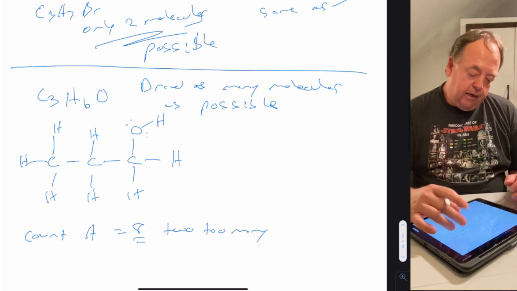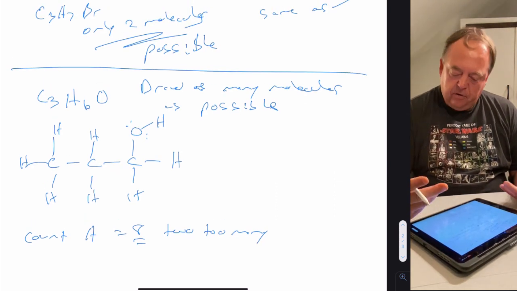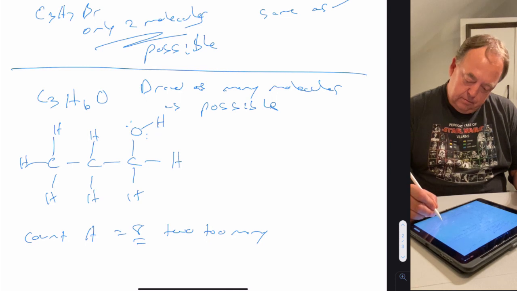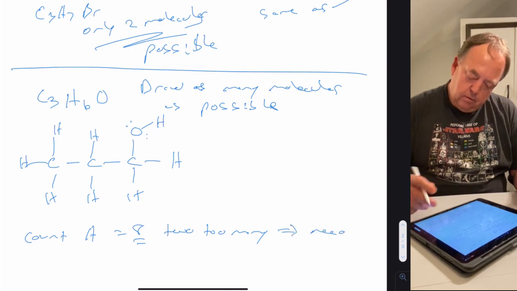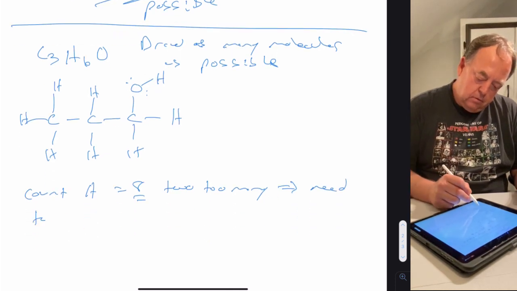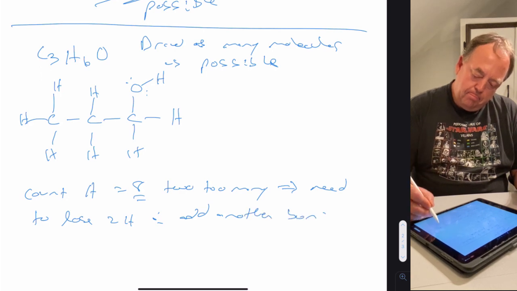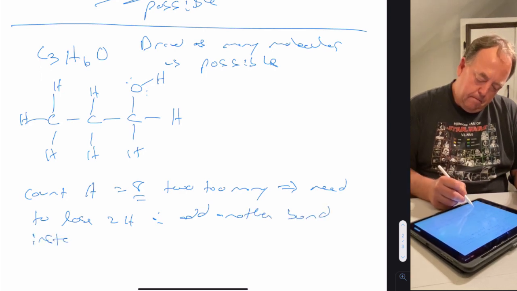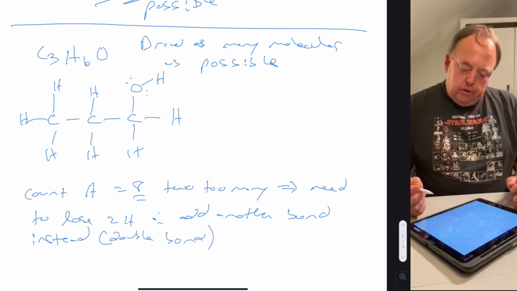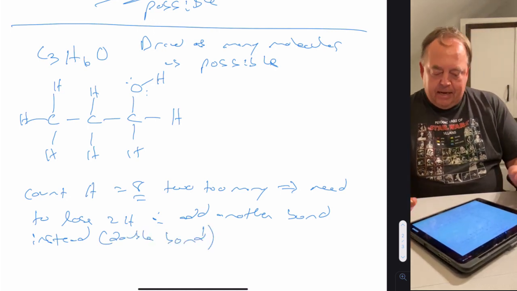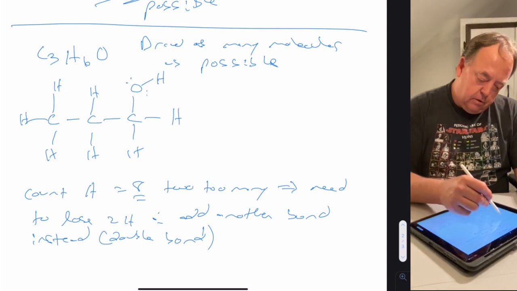So similar to counting electrons, if you count your hydrogens and you have too many, what does that mean? That means you need to lose 2 hydrogens and add another bond instead.